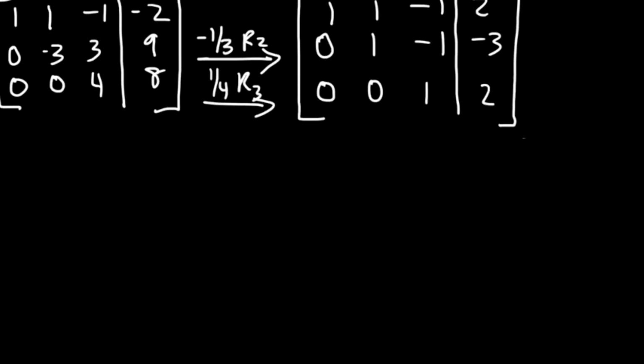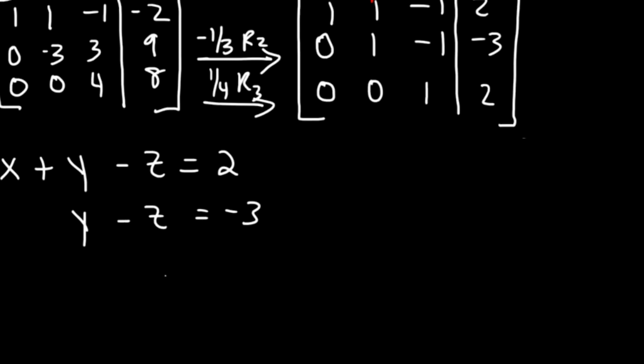So now what we need to do is convert this back into a system of linear equations. So column 1 is the coefficients for x, this is for y, and z. So the first equation is x plus 1y minus 1z is equal to 2. The second one is 1y minus 1z is equal to negative 3. And the last one is 1x is equal to 2.